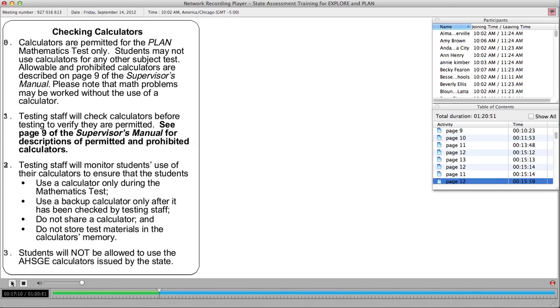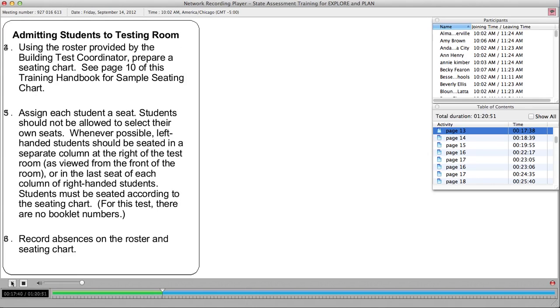They do not share a calculator, and they do not store test materials in the calculator's memory. And the last one: students will not be allowed to use the AHSGE calculators issued by the state, and that's very important. So do not allow those to leave the system test coordinator's secure storage except during the graduation exam. So students may not use the AHSGE calculators.